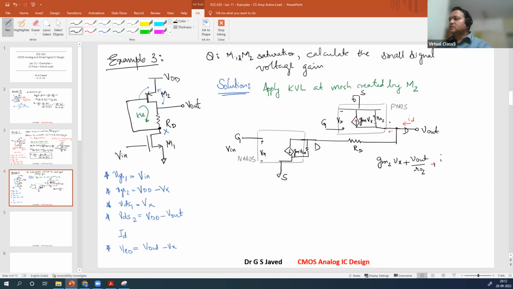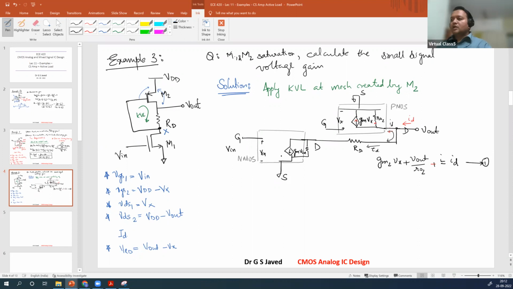Let me call this the current that is flowing here, the same current that is flowing through RD. So your ID is to come out and flow like this. So it is equal to ID.